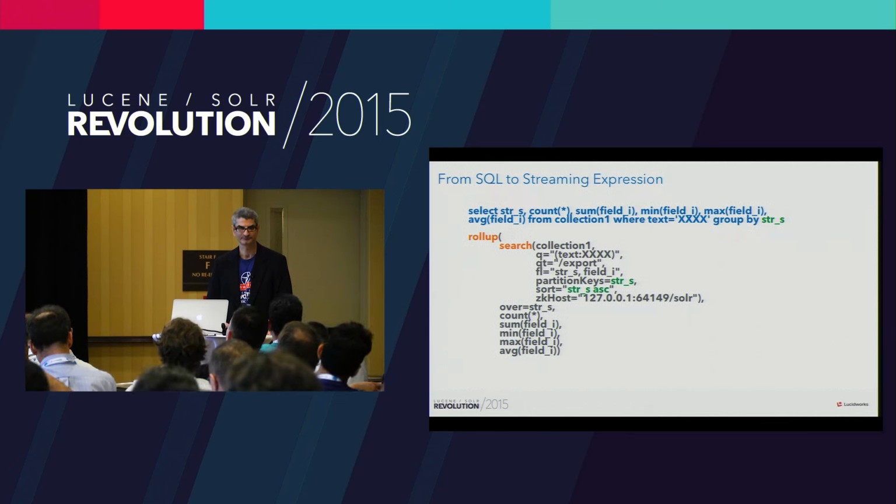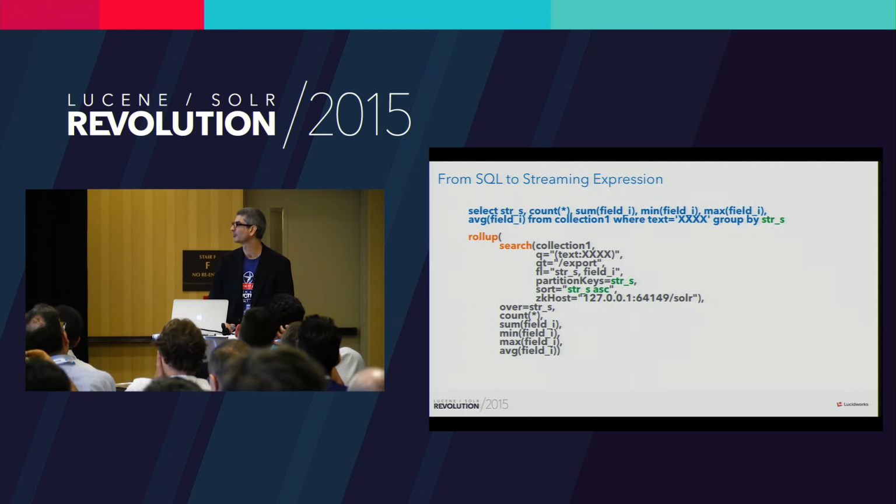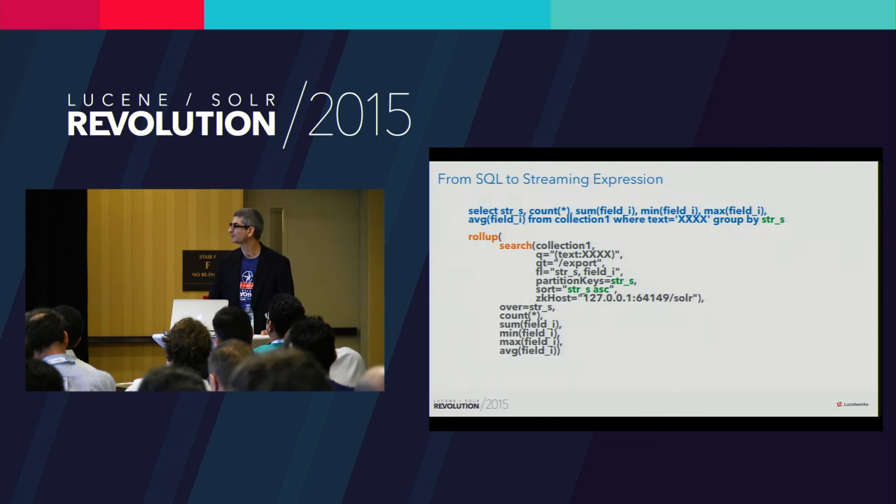They're pushing it to the worker node to do the partitioning? The worker node needs to know the ZooKeeper details to say where the shards are, and then do the partitioning, or? So in this query, there's a couple of things going on here that's not shown. The worker nodes, there's a stream called a parallel stream. So if you wanted to do this in parallel, you would essentially wrap the rollup in a parallel function that then tells you where the workers are.